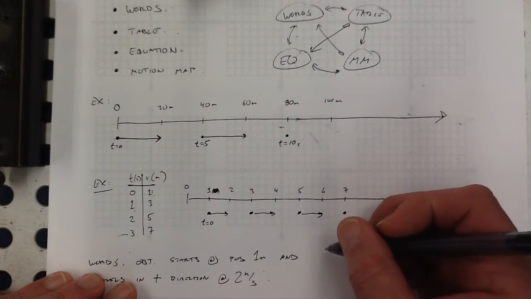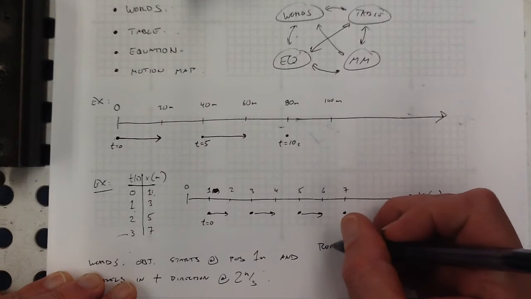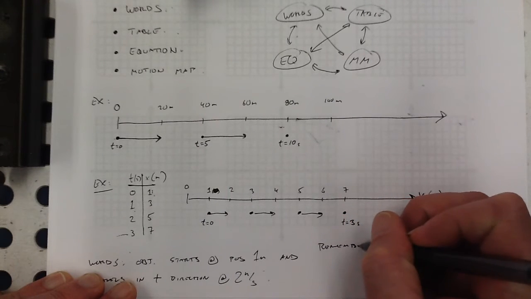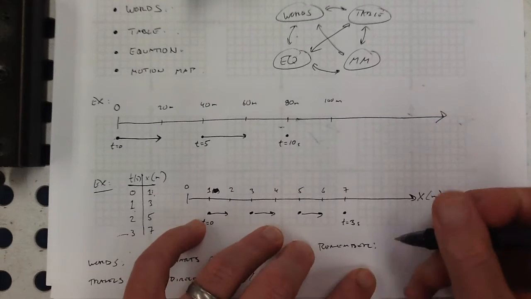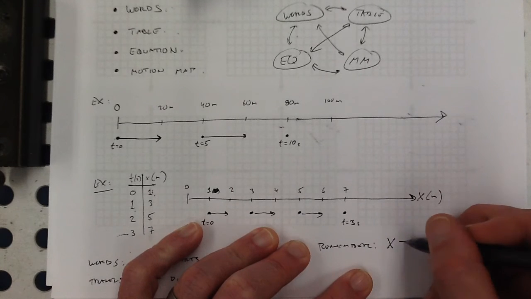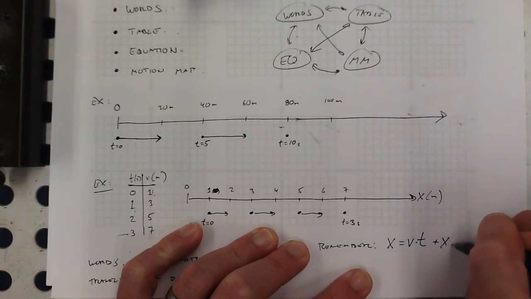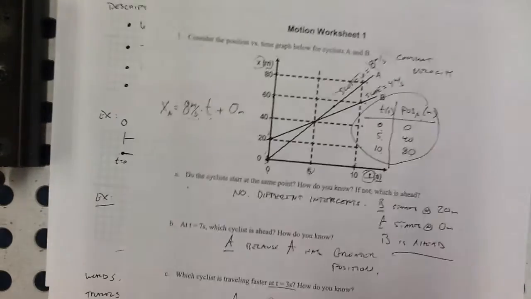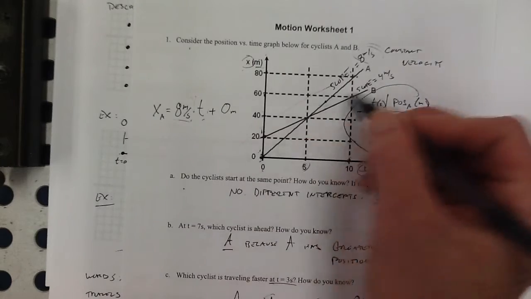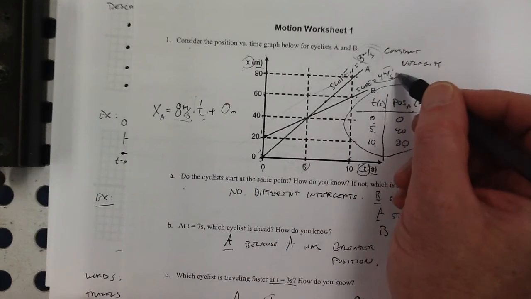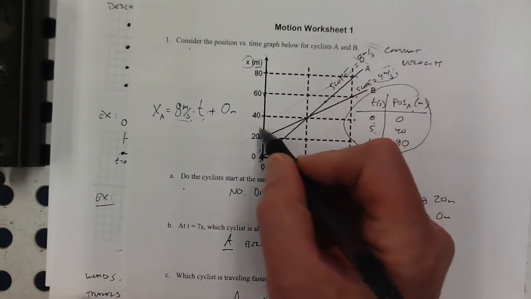Because remember from your notes that the general model for this is position is equal to velocity times time plus initial position. That's what these equations are, right? Position equals velocity times time plus initial position.